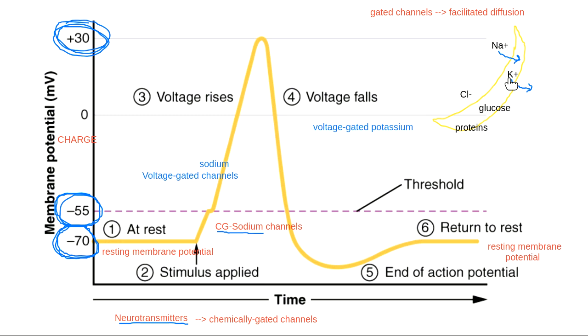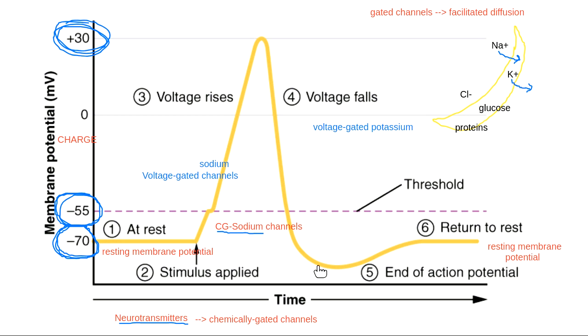As potassium leaves the cell, the charge on the inside gets more negative because so many of my positives go away that I actually end up all the way down here where I'm more negative than normal, more negative than I should be, because I've spit out so many of my positives. I lost so many potassiums.